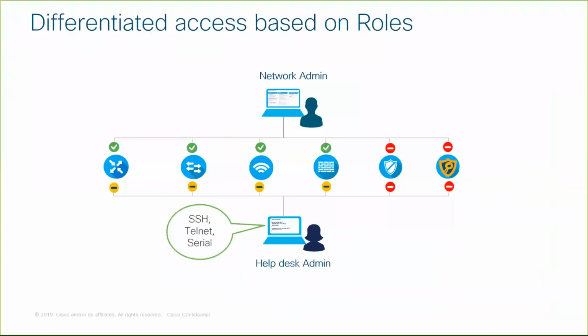It depends on the role of the help desk admin as well. Typically, they open up a secure shell session or a telnet remote console session and log into the switches or routers or whatever devices and gather information from those devices. So it is important to provide differentiated access based on who the user is, what the user role is, and other factors as well. We will talk about that in a little bit.